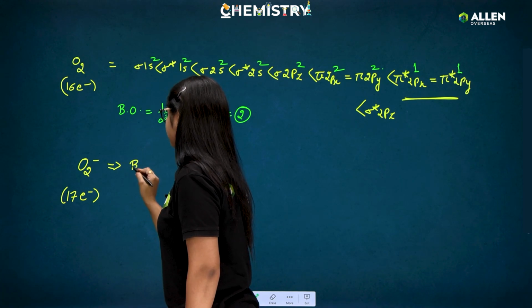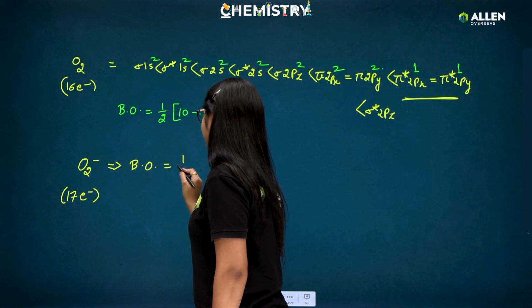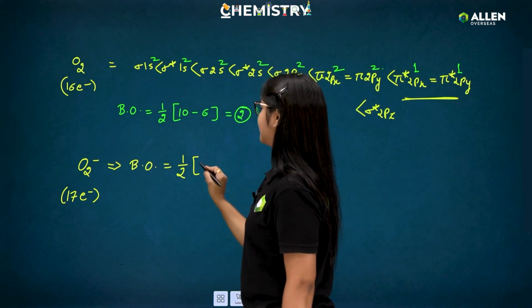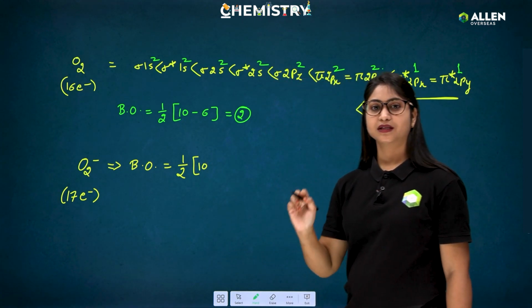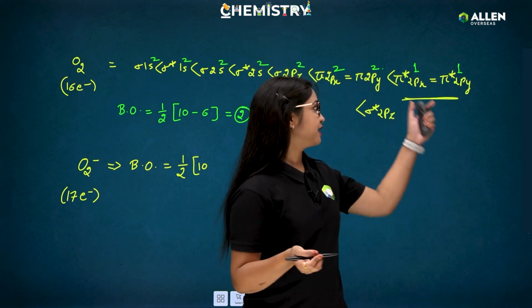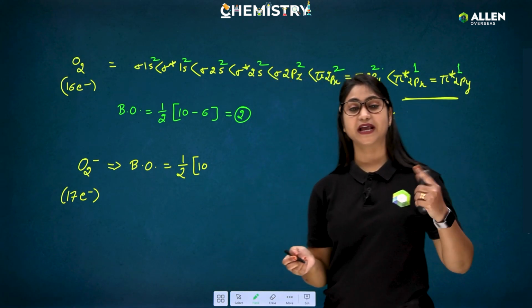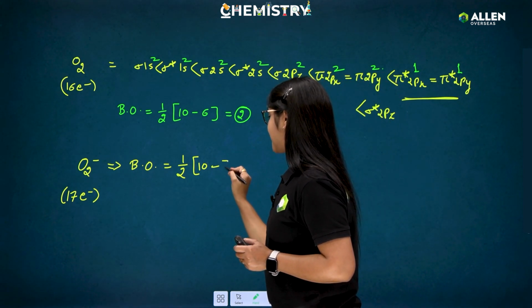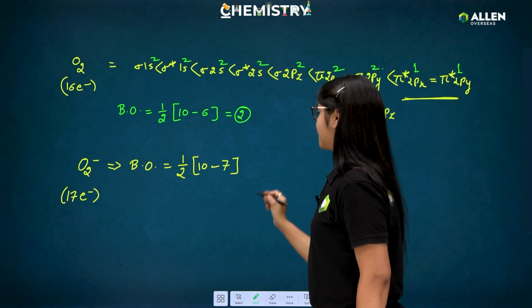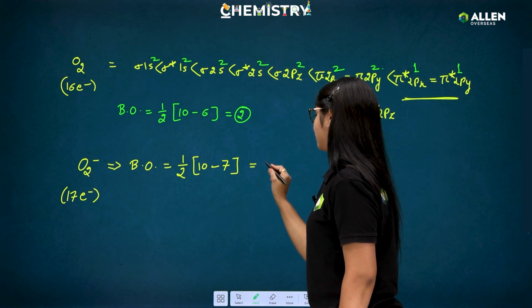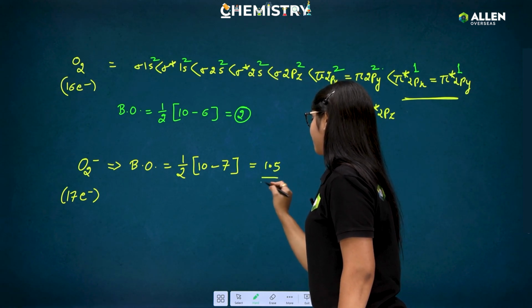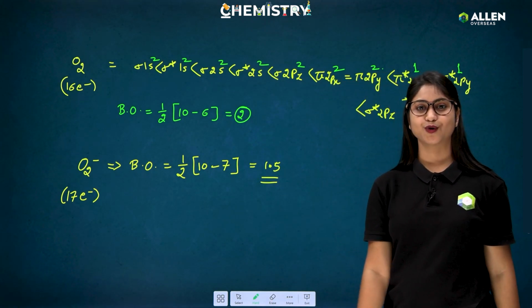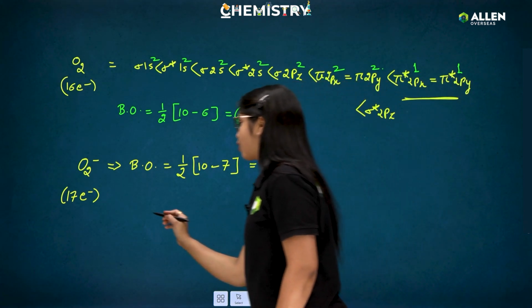So the bond order will be 1/2. The number of bonding electrons remains the same, 10, but the electron you are adding comes in anti-bonding, so the number of anti-bonding electrons changes. Now it becomes 7, one extra electron. So this is 3/2, which means 1.5. So 1.5 is the bond order for O2 minus. Okay, so now what is the order of bond order?